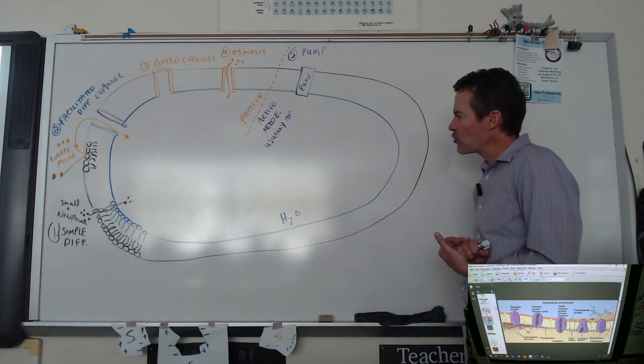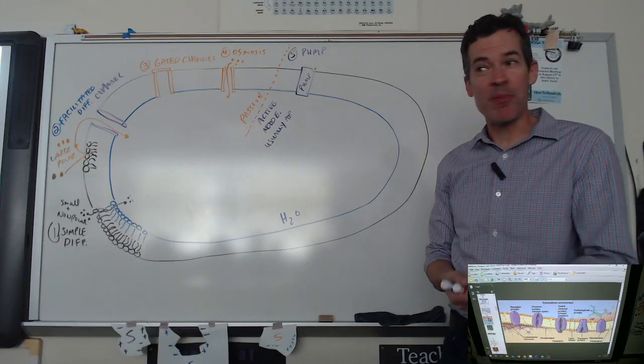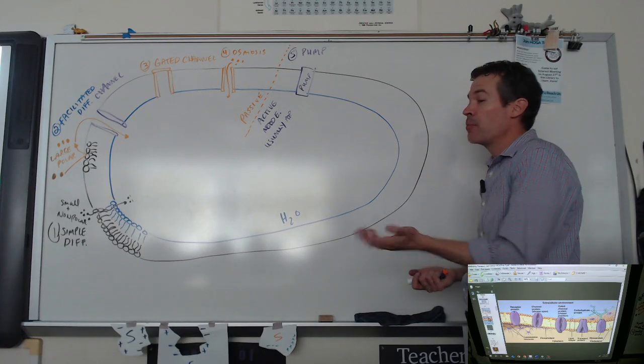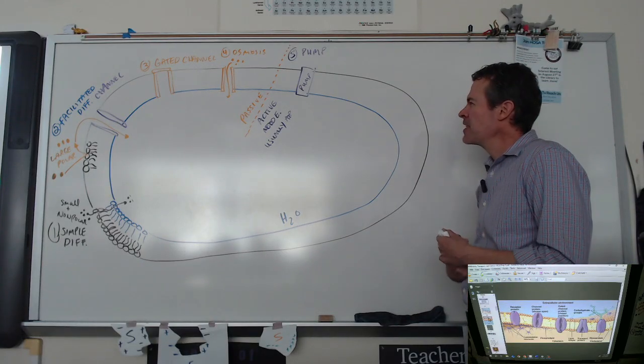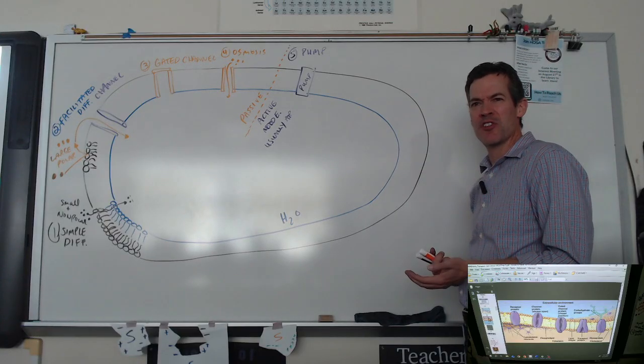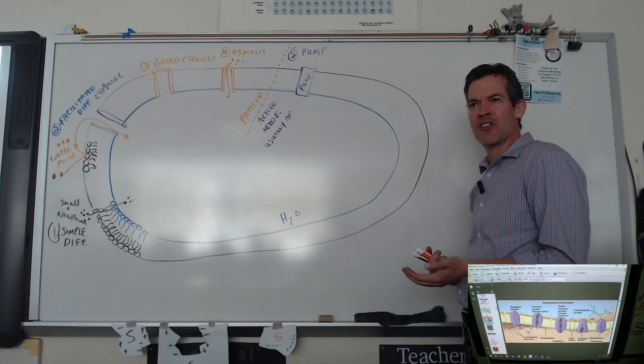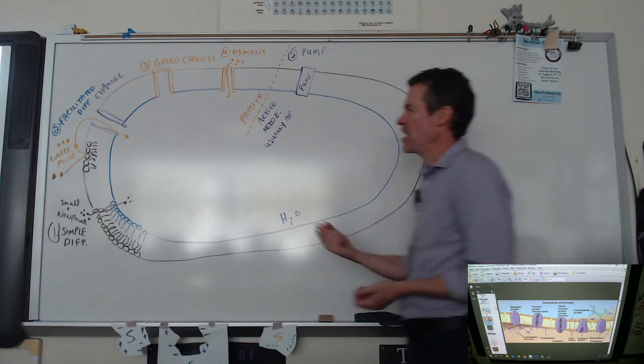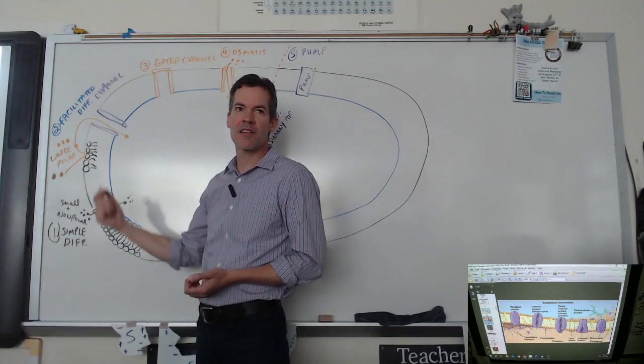All right, so active transport requires energy, probably ATP. The first example is a pump. Can anybody tell me why I would use a pump that uses energy when I could just use a channel that doesn't? Yeah.